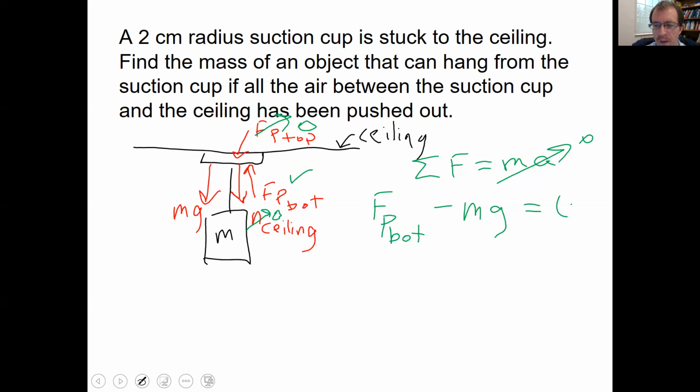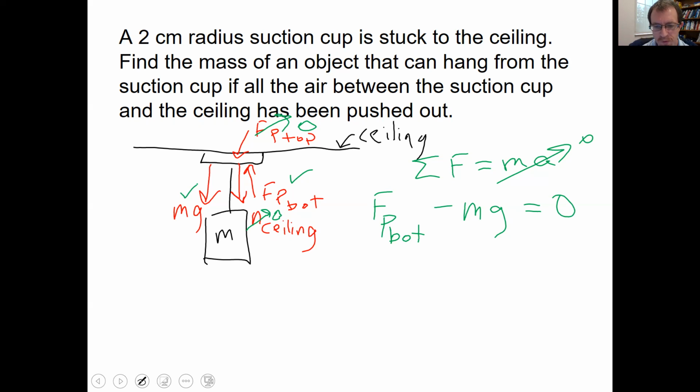Those are the only 2 forces that I have because there's no air between the suction cup and the ceiling, so there's no force of pressure on the top surface of the suction cup. And also we've made this mass large enough so that our normal force, the ceiling pushing on the suction cup, is 0.